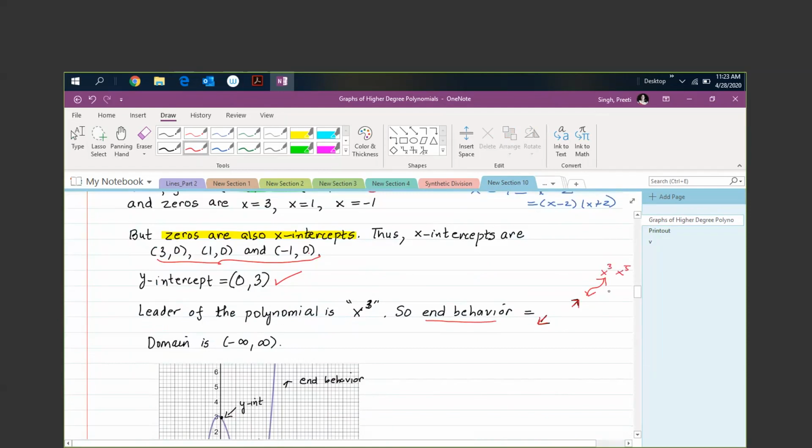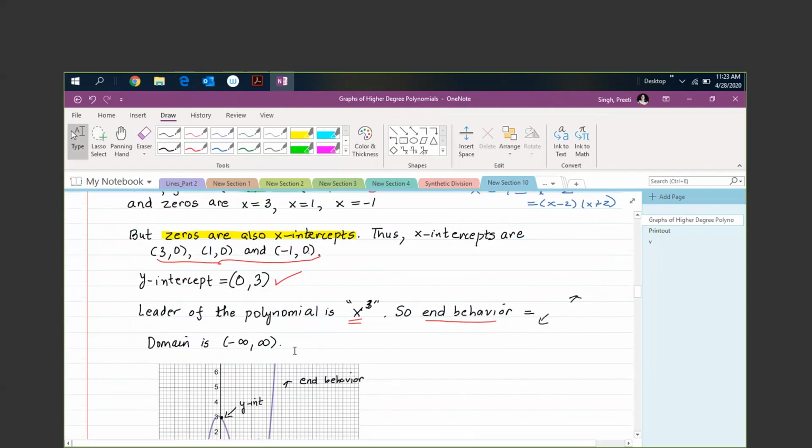But once I start adding terms, things may happen in between. Towards the end, it's going to behave like x cube. So something like this.